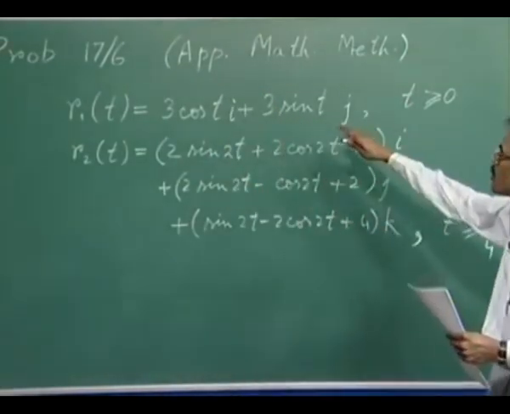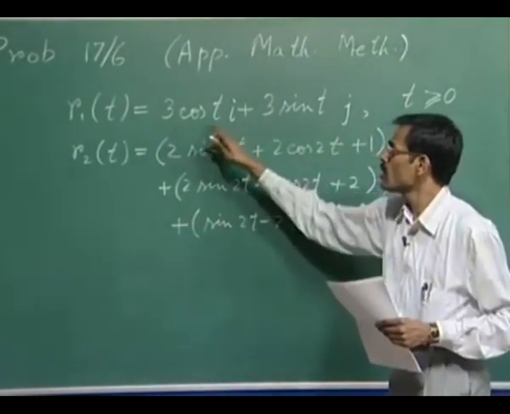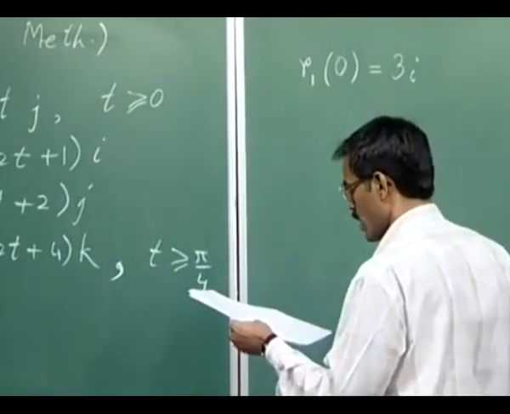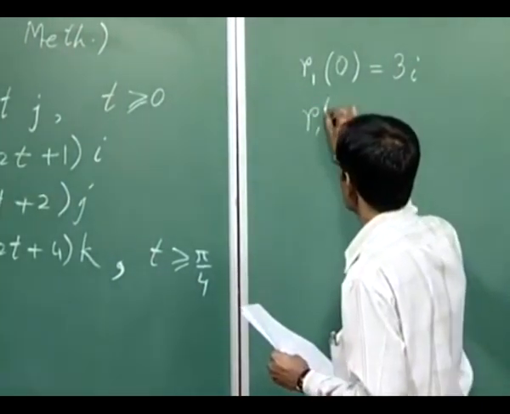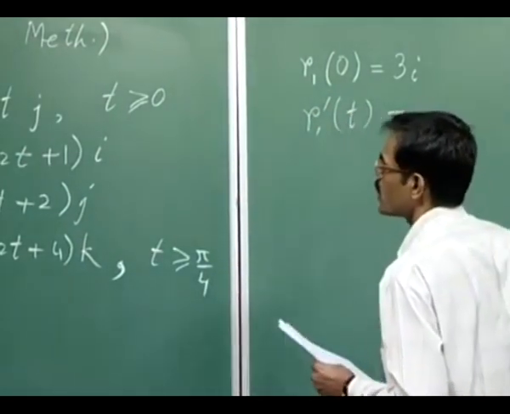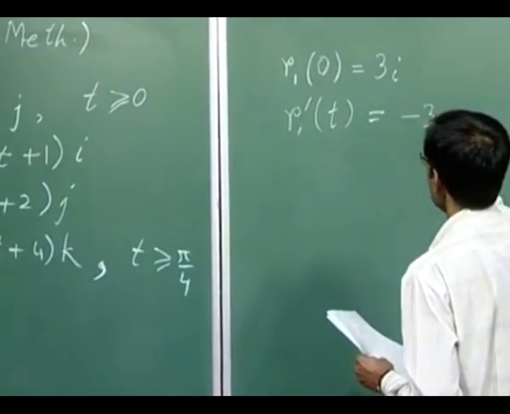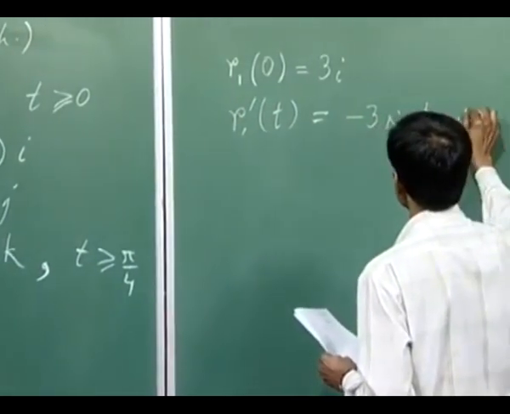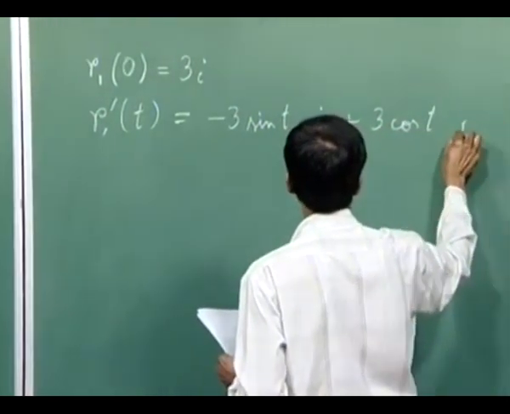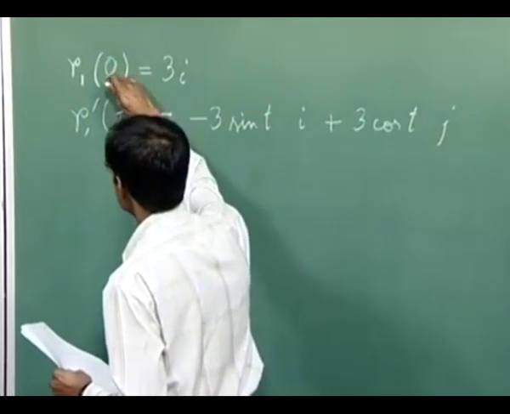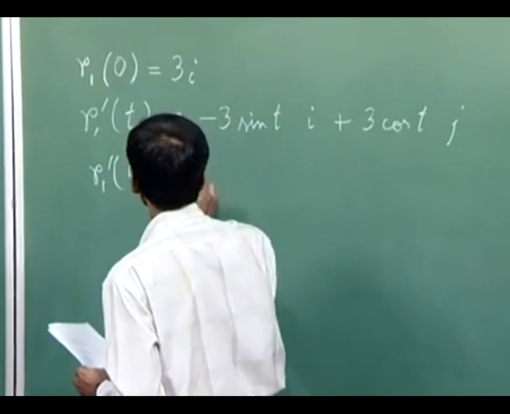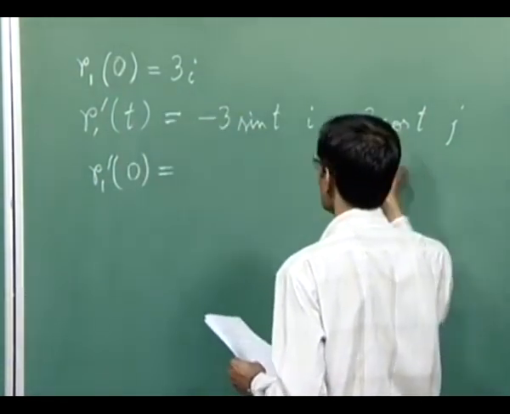Yes, if we put t equal to 0 here, then we get R1(0) as 3i, and its derivative R1'(t), the tangent vector, that you will get as 3 sin t i plus 3 cos t j. At t equal to 0, if we evaluate this tangent vector, then this is 0, and from here we get 3j.